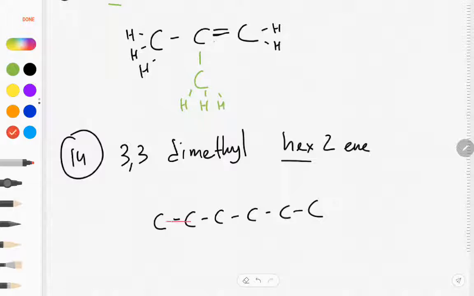So that's going to be 1, 2. So I have a double bond right here, starting on the second carbon. And then on the third carbon, which is this one right here, I have a pair of methyl groups. 1 here, 1 here. That's it. You're done. So all you need to do is just put your hydrogens here, and you are actually finished.